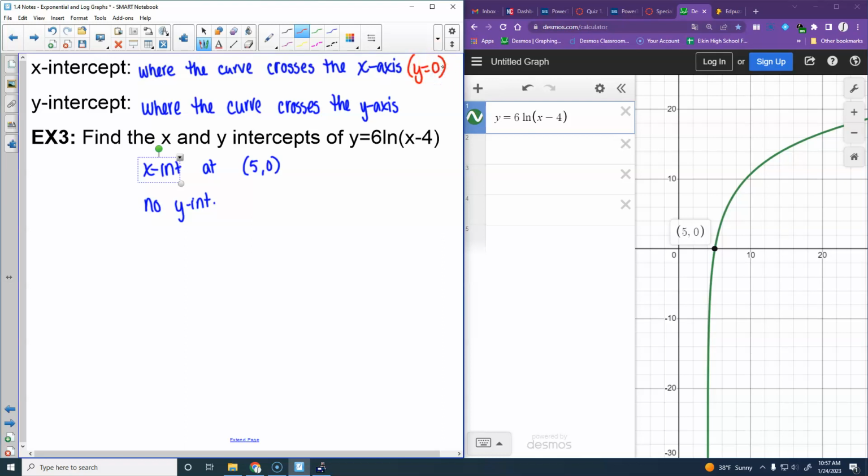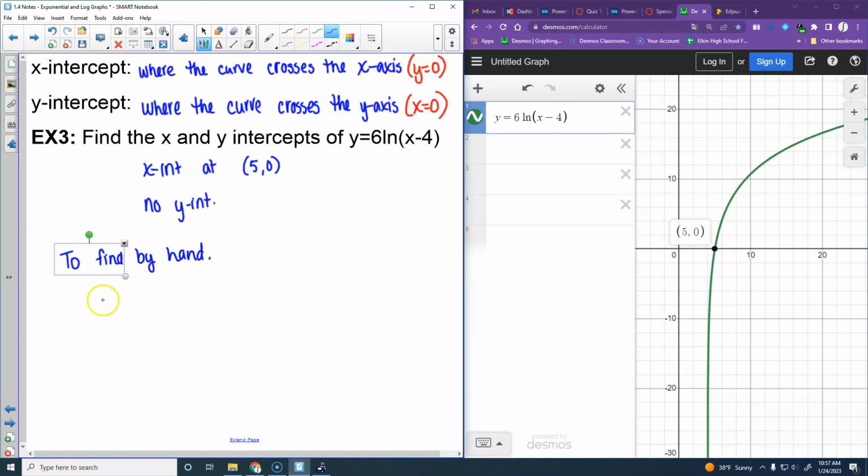This is true for all functions, not just exponentials and logs. It is true for lines and quadratics and anything. That's just a property of the coordinate plane. And for the y-intercept, x equals 0. So we're going to go through this in case I need you to find it by hand and not just by looking at the graph, both of which are valuable.